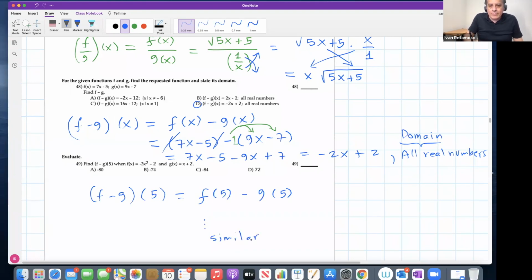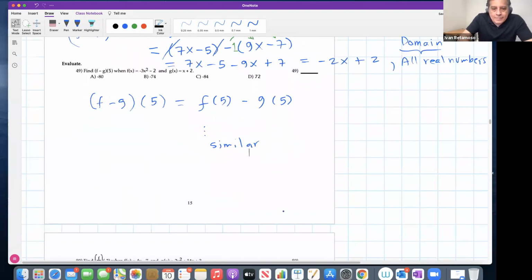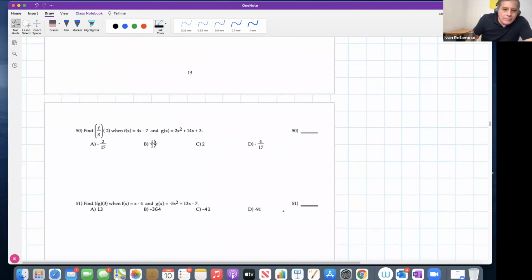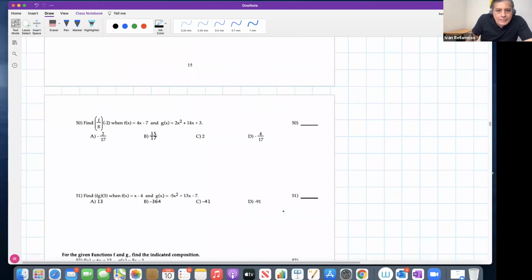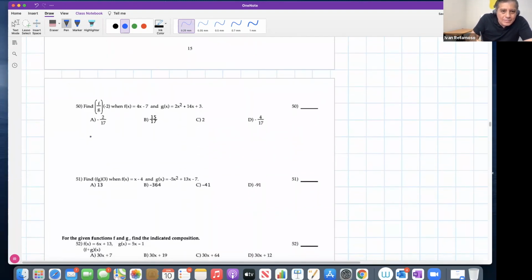Let's look for different forms. This is a quotient also, but since it's done with numbers, perhaps we should do it, right? f over g evaluated at negative 2. What is this? This is naturally defined as f evaluated at negative 2 divided by g evaluated at negative 2.